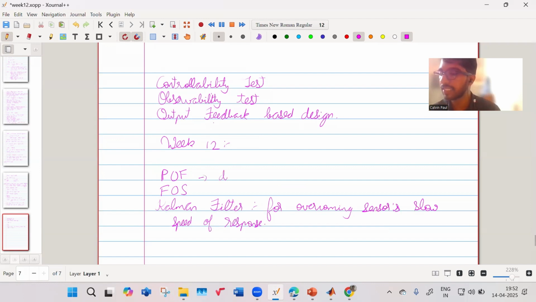POF has discontinuous jumps in the input, so it is not popular for that case.